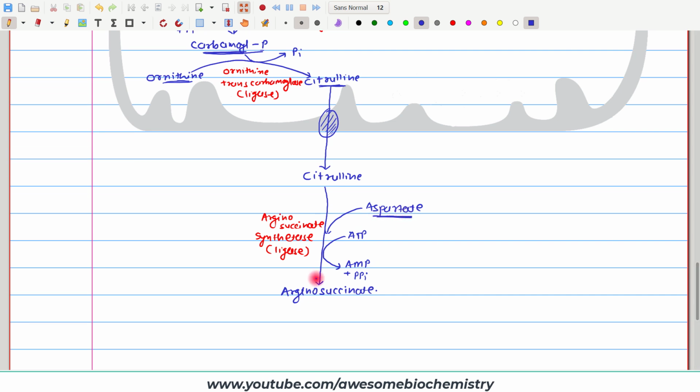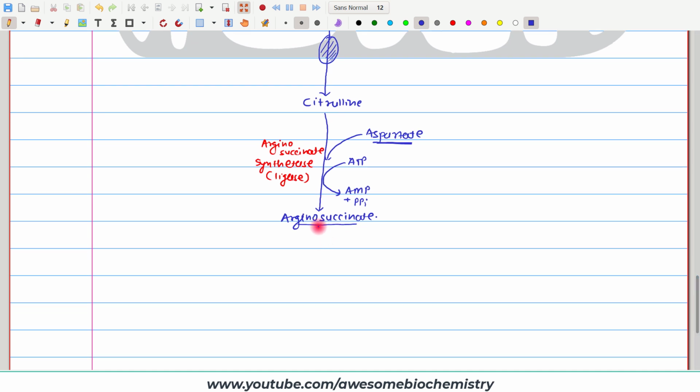Once arginosuccinate is formed, it goes under a further breaking down reaction, and it is broken down into two parts. One is arginine, which is a standard amino acid, and the second one is fumarate.